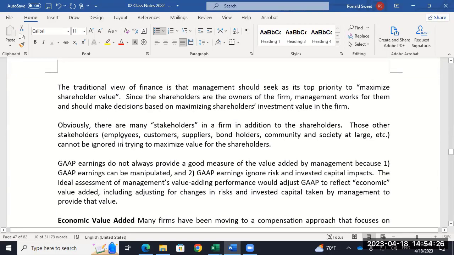So you may have this debate in the class. I don't know which class you have it, but what is the top priority for management? Thanks to Milton Friedman back in the 60s and 70s, he argued that the number one goal of management is to maximize shareholder value. It's the stockholder, because the stockholders are the owners of the firm.